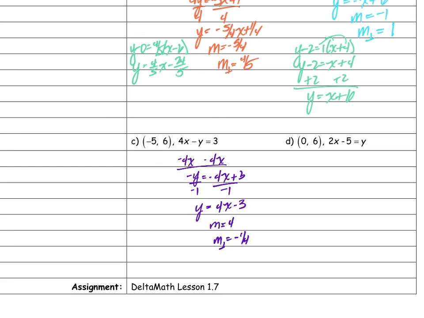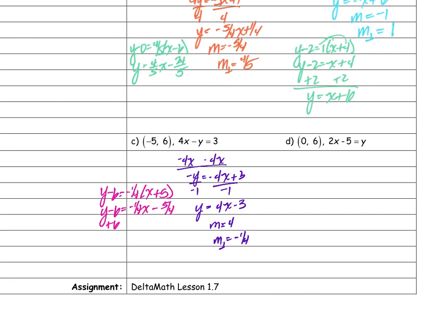And the point that they gave me, sorry, I was reading someone's answer. So then I've got y minus 6 equals negative 1/4 times x plus 5. So then I get y minus 6 equals negative 1/4 x minus 5/4.